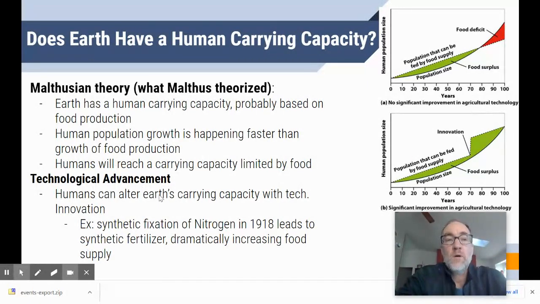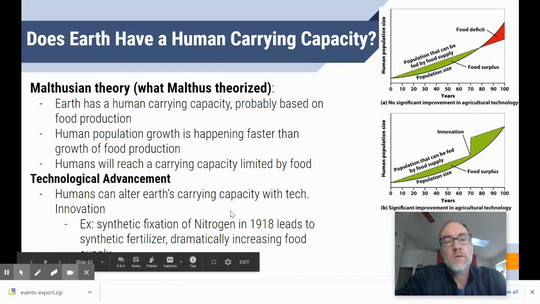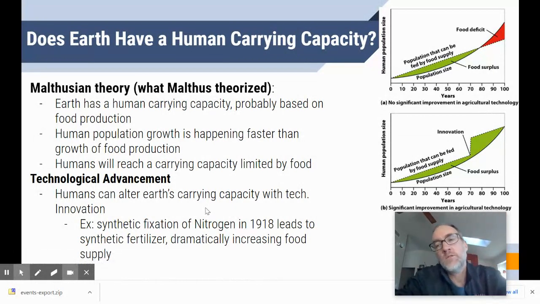Fortunately for us, humans can alter the carrying capacity of the Earth. And one of the biggest things that happened at the turn of the 1918, back to the nutrient cycles we talked about earlier, was the ability to extract nitrogen directly from the air and fix it synthetically and produce fertilizers.